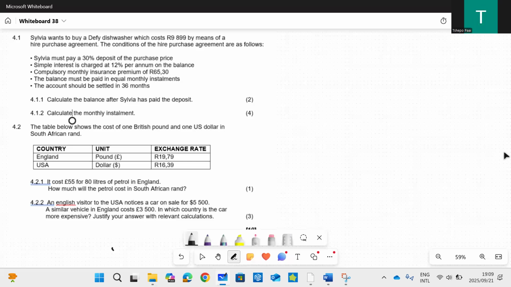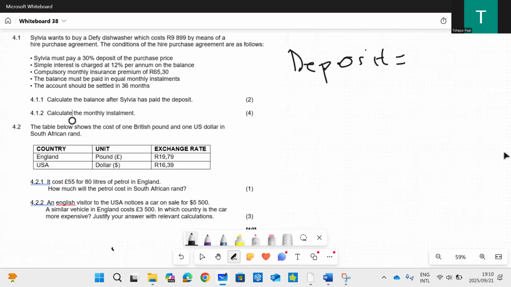All right. Now, the deposit will be equal to 30%. Remember to calculate your 30% of that 9,899.